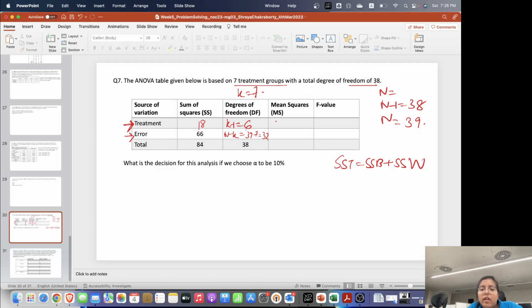Mean square will be 18 by 6, that is 3. This will be 66 by 32.